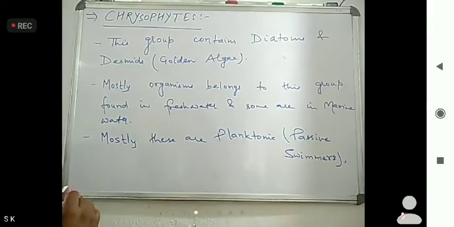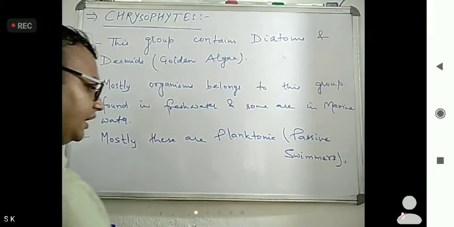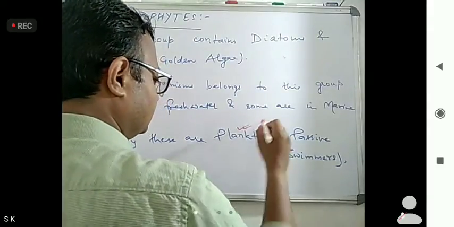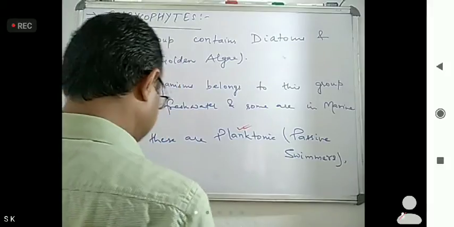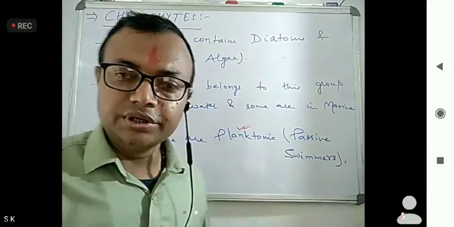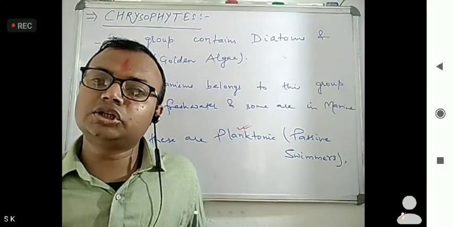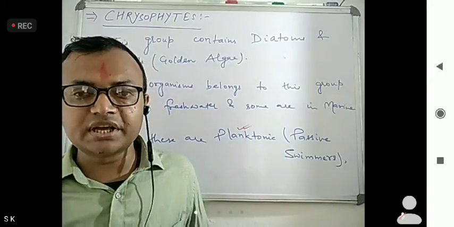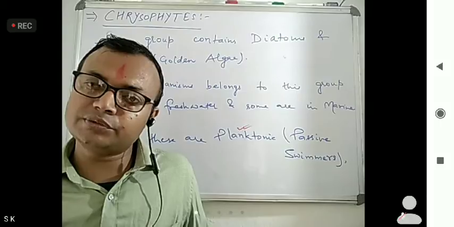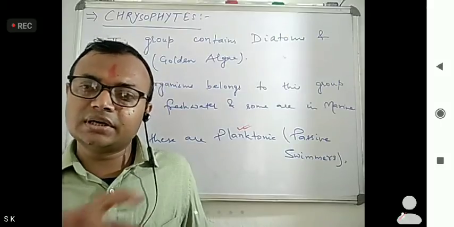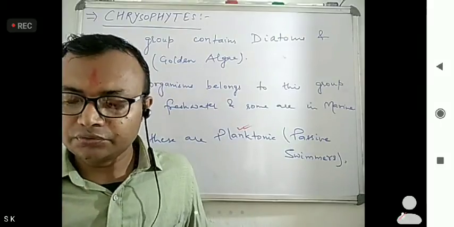Okay, so you have to remember that mostly these are planktonic. And which groups do they have? Diatoms or desmids, or we can say the group name chrysophytes.